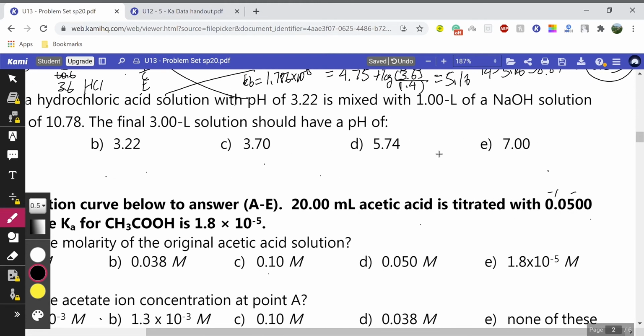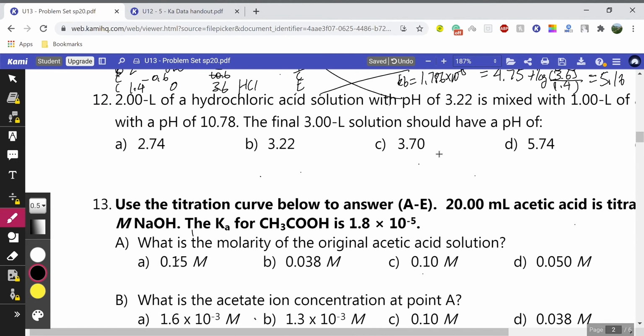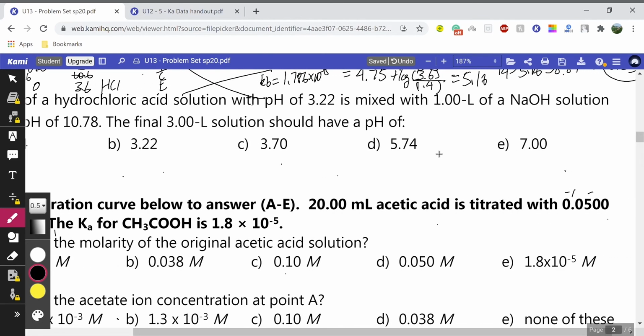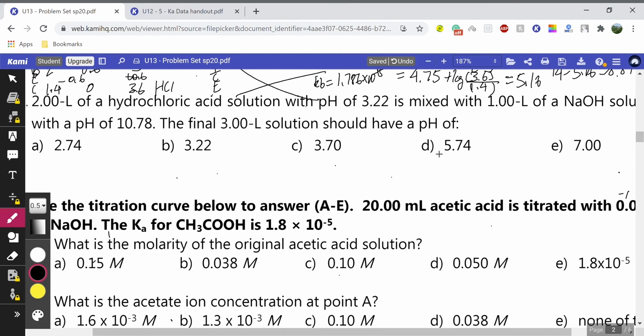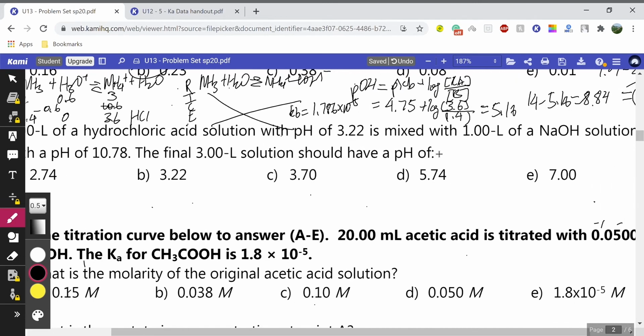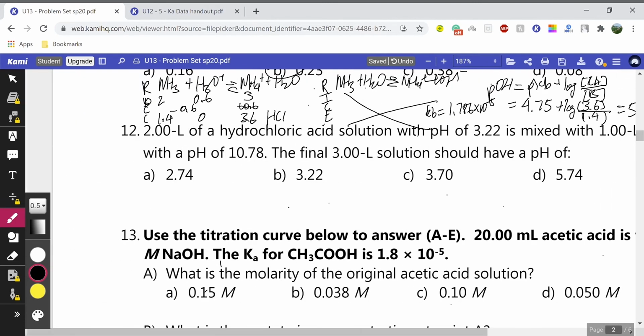Alright, let's convert all of these to concentrations of the corresponding H3O plus and OH minus. Let's cross this OH minus out. So 10 to the negative pH power, 3.22, will give you the concentration of H3O plus, which is 6.026.